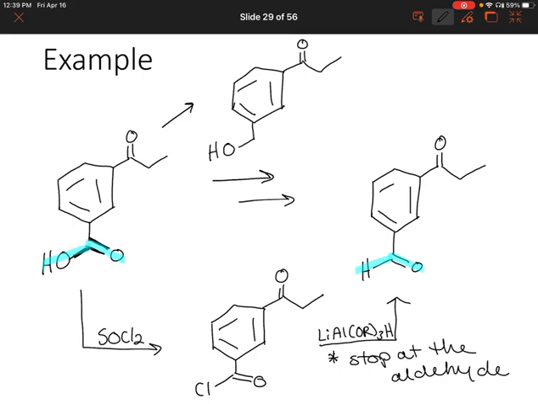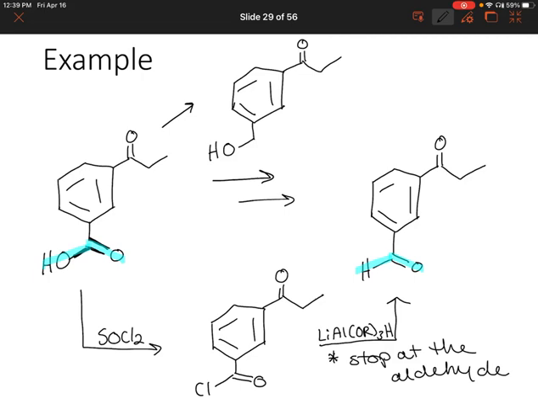So again, if we turn the carboxylic acid into an alcohol, we want to make sure we're not reducing the ketone at the same time, because this is a reduction reaction, right, from the carboxylic acid to the alcohol.